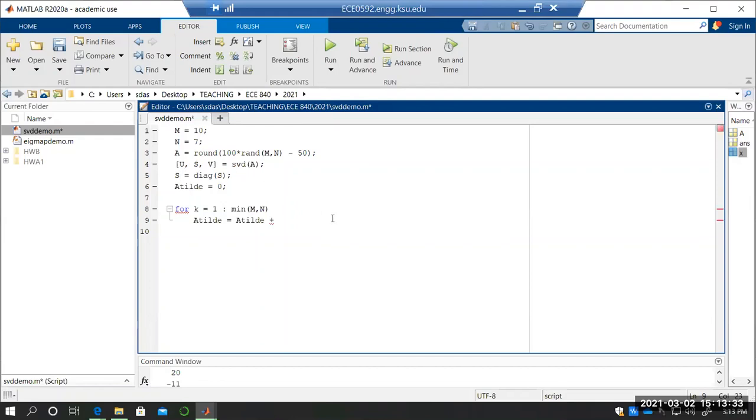A tilde plus S sigma I. This is I. I generally avoid using I here because I is square root of -1 in MATLAB by default.